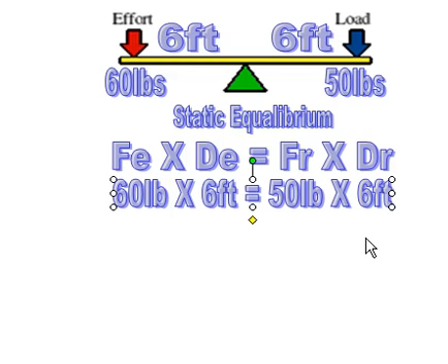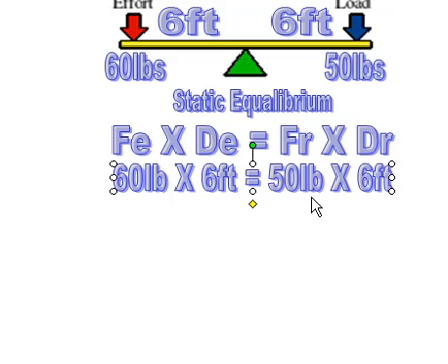So we multiply those together and we get 300 on the resistance side, and we get 360 on the effort side. So there's a difference here of 60 foot-pounds. You would multiply foot and pounds together, and you would have a difference of 60 foot-pounds.